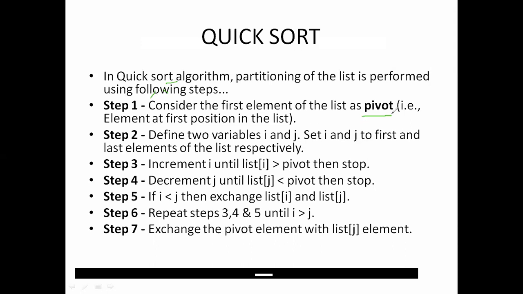Okay, so once you divide the list using the pivot, the elements less than the pivot are on the left side, and those greater than or equal to it are on the right side.